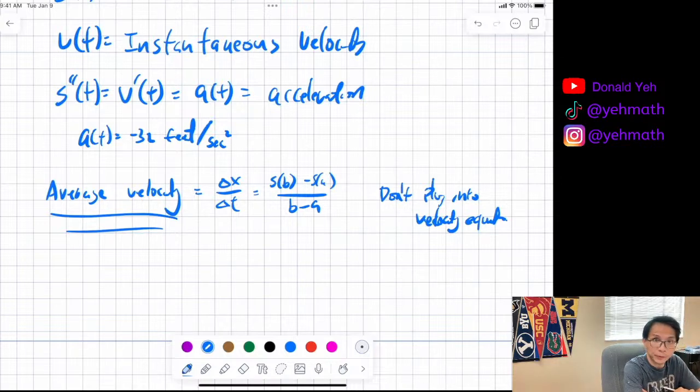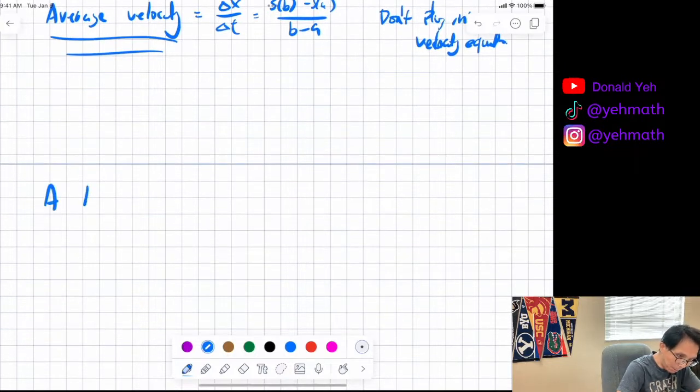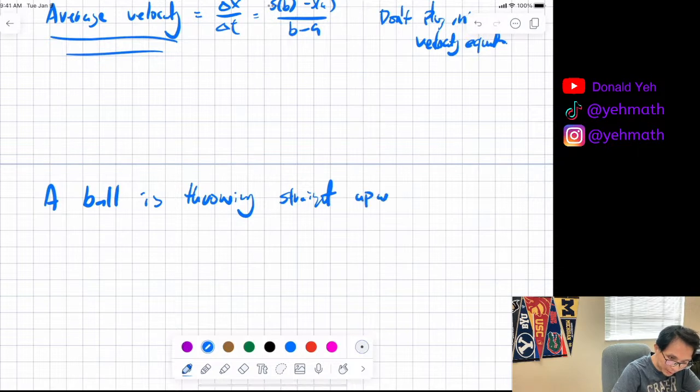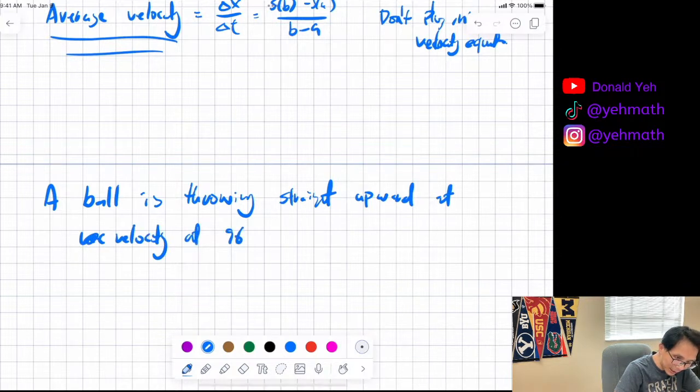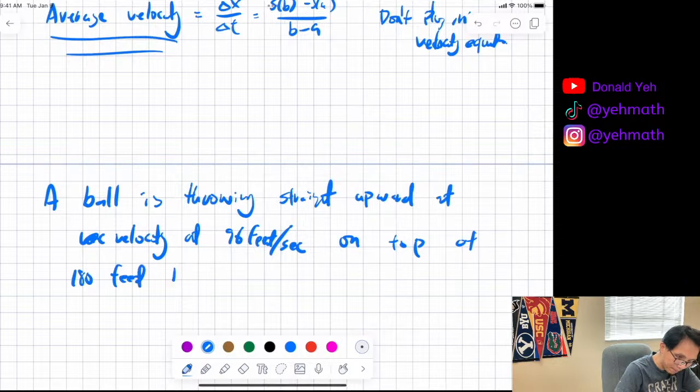Okay, so here's a question for you. A ball, or a potato launcher, whatever, is thrown straight upward at a velocity of 96 feet per second on top of a 180 feet building.